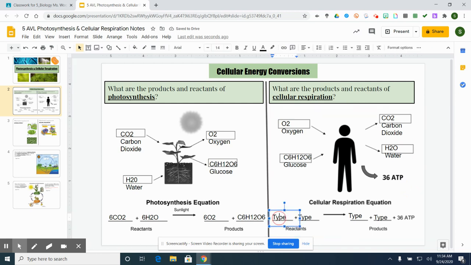Okay. Same thing with our equation here. I'm going to balance it for you, but you don't need to know how to balance. You just need to be able to understand that this is the cellular respiration chemical equation if you were to see it on a test.